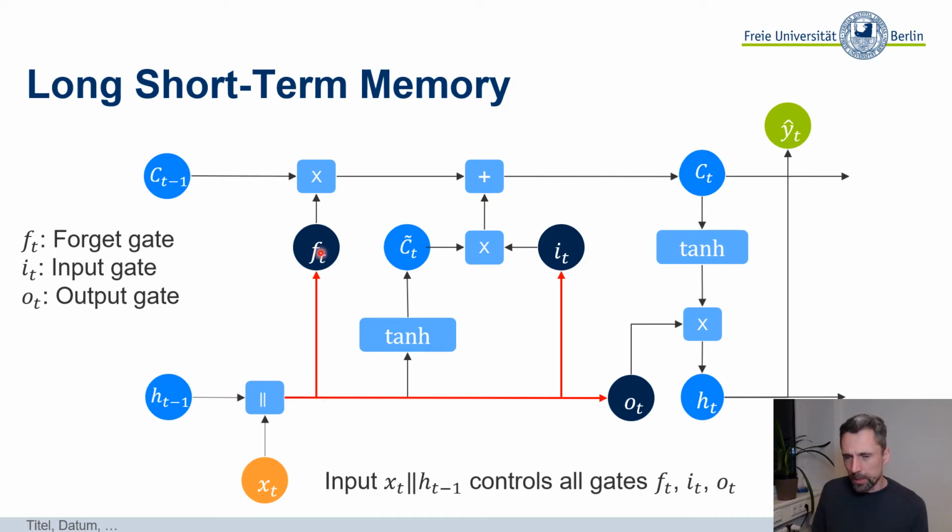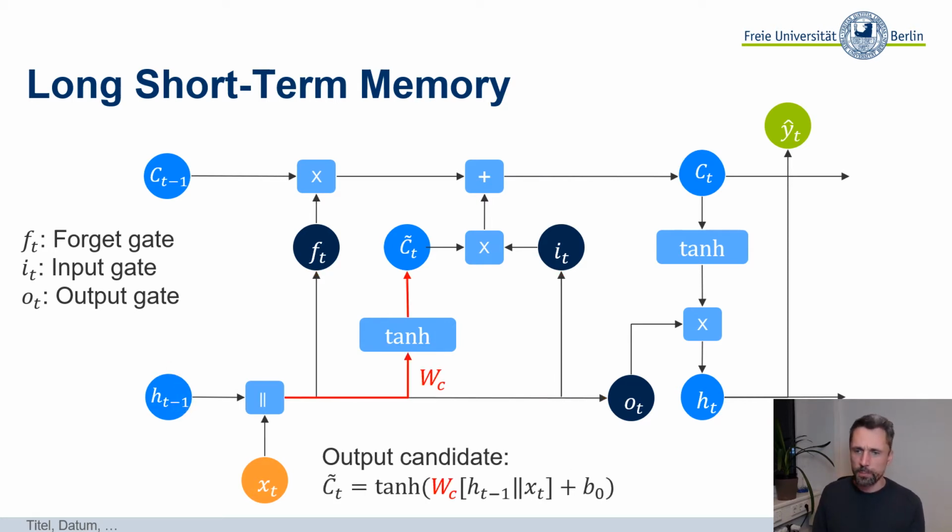But please note that all these gates come with their own weight matrices, and all are controlled by the input, which is the concatenation of x and the hidden vector of the previous time point.